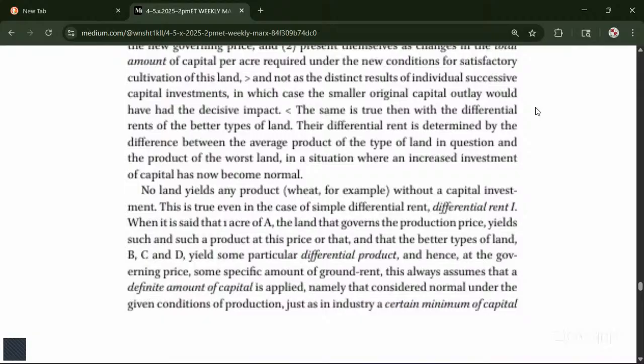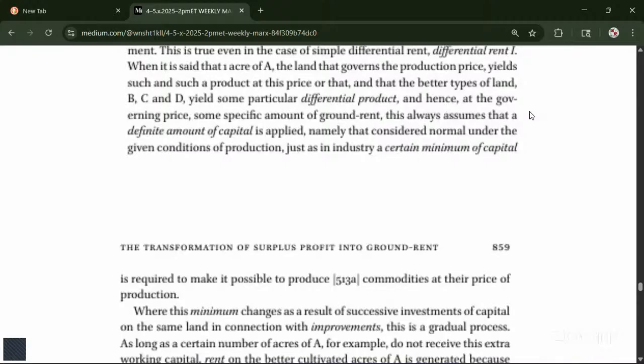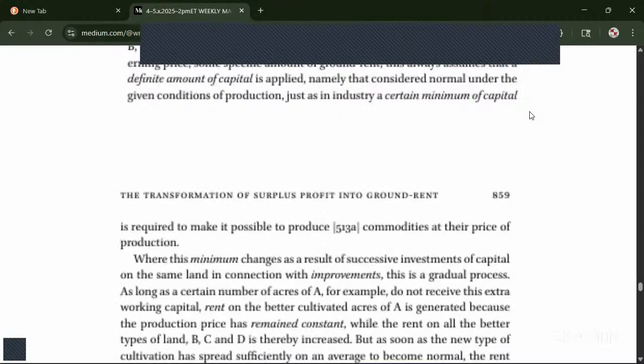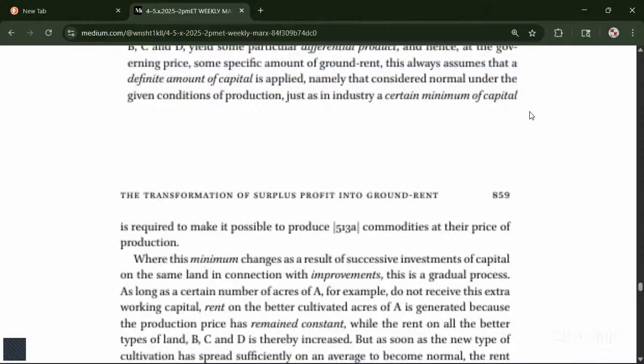A certain minimum of capital is required to make it possible to produce commodities at their price of production. Where this minimum changes as a result of successive investments of capital on the same land in connection with improvements, this is a gradual process.